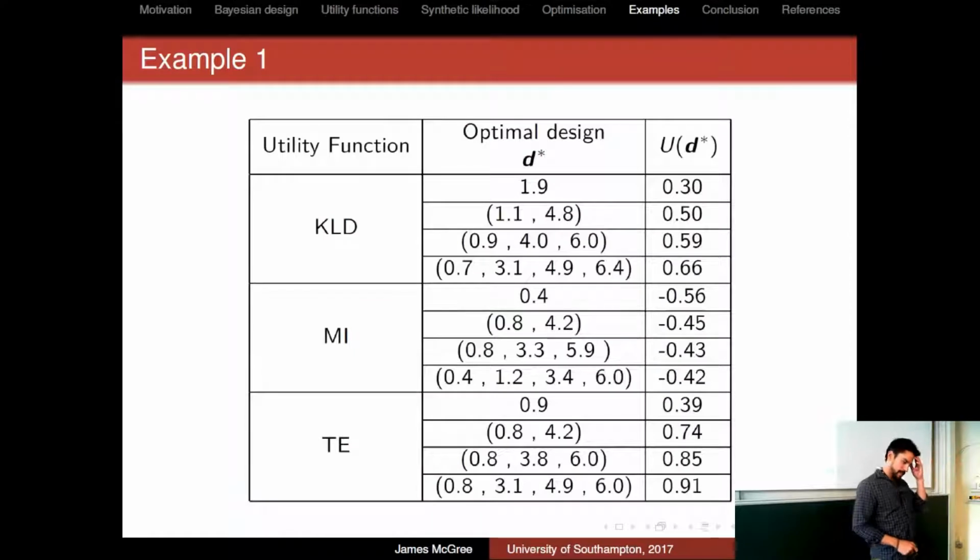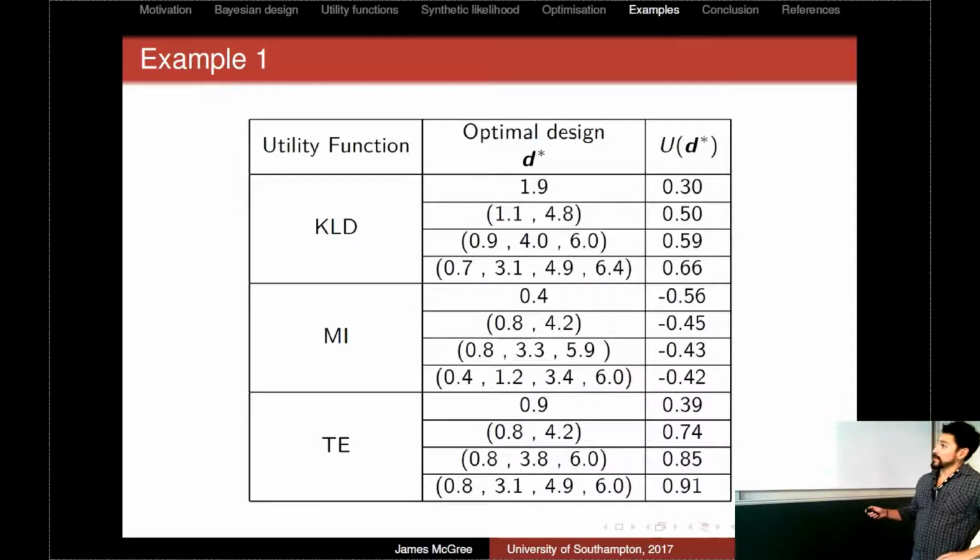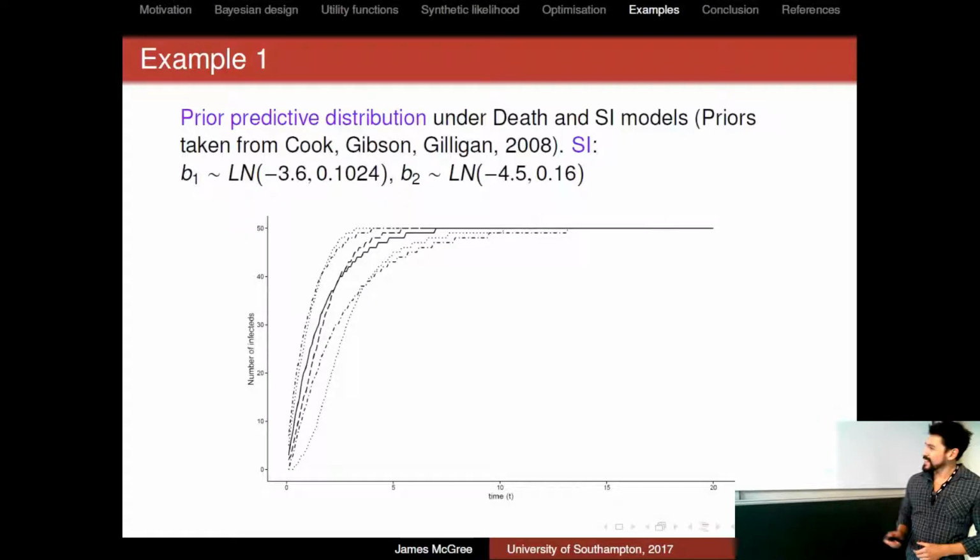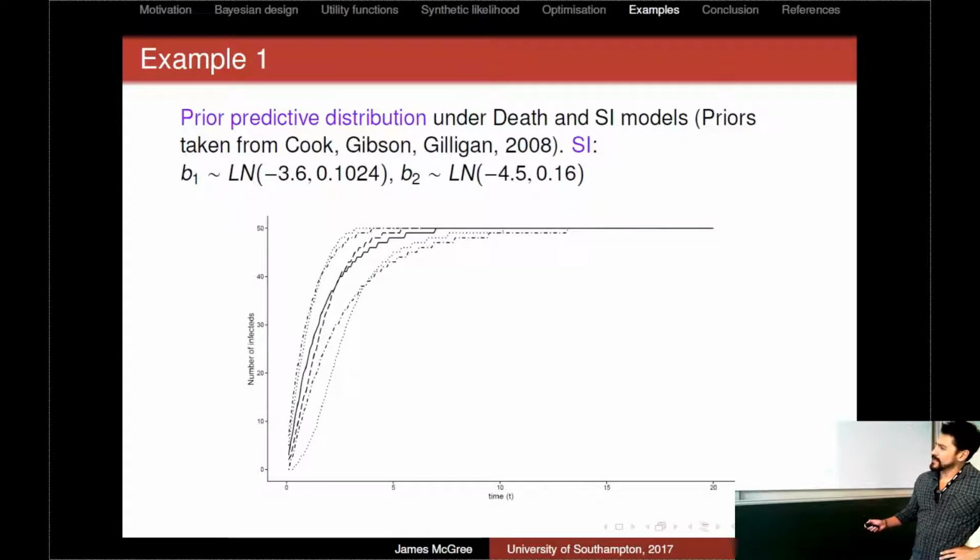So we found some designs, our 1, 2, 3, and 4 point designs. I don't really know what to say when I look at designs, but if we look at our mutual information utility, it says this should be the best one-point design for model discrimination. So 0.4. If we look at our prior predictive, that's down here somewhere.